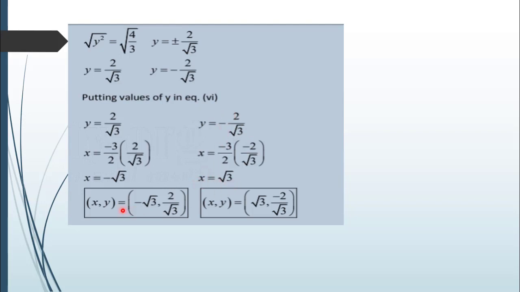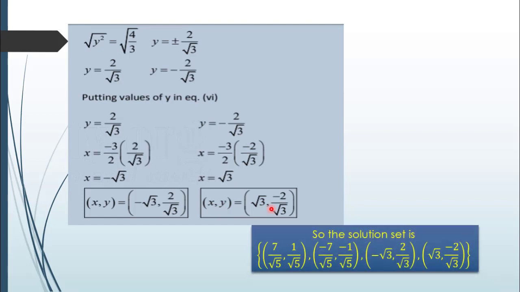So we get two more ordered pairs. For the first ordered pair, x is equal to minus square root of 3 and y is equal to 2 over square root of 3. And in the second ordered pair, x is equal to square root of 3 and y is equal to minus 2 over square root of 3.